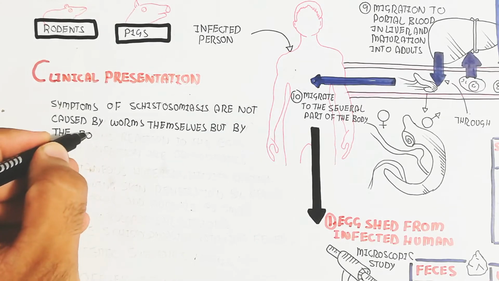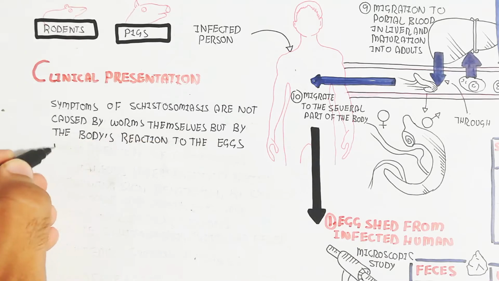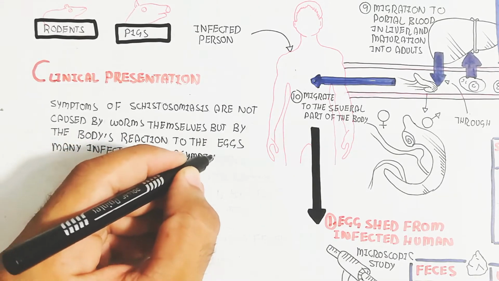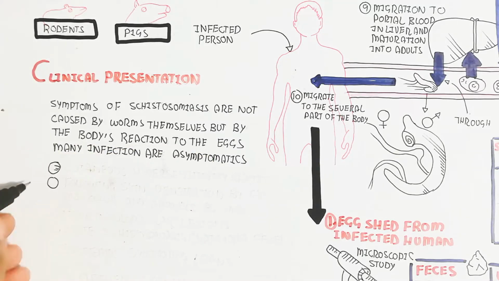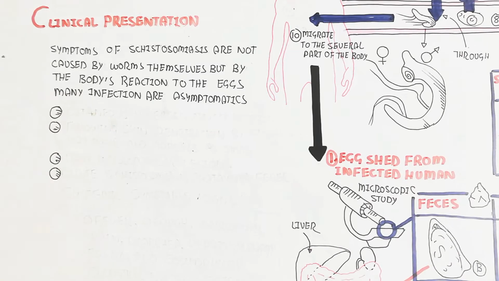So anyhow, let's begin to understand the clinical presentation. The symptoms of schistosomiasis are not caused by the worms themselves, but by the body's reaction to the eggs. Many infections are asymptomatic, but some symptoms can arise.